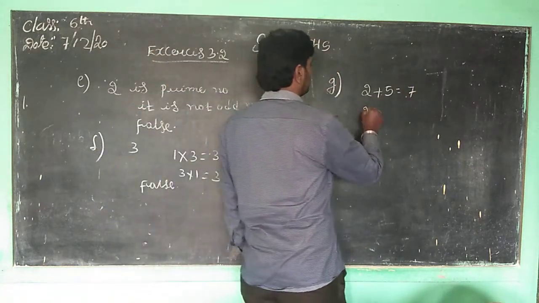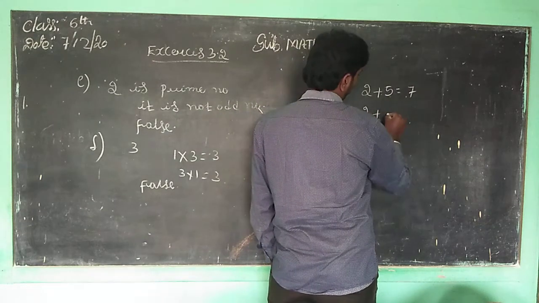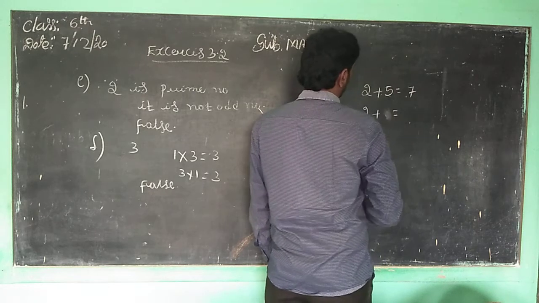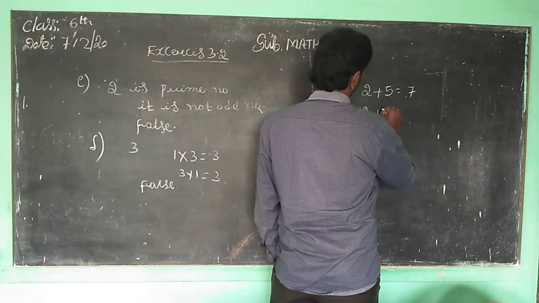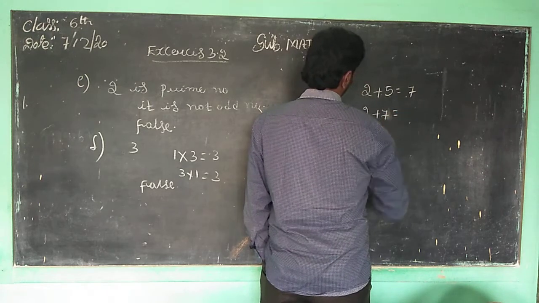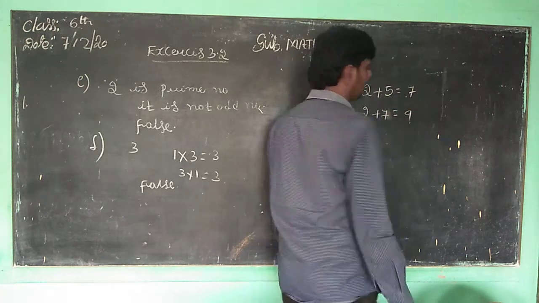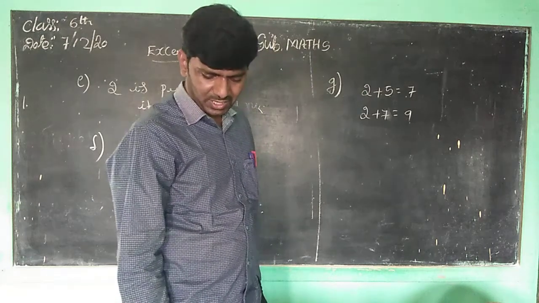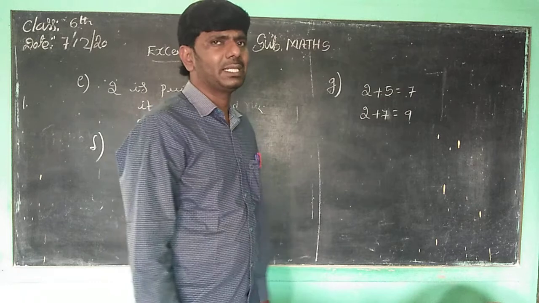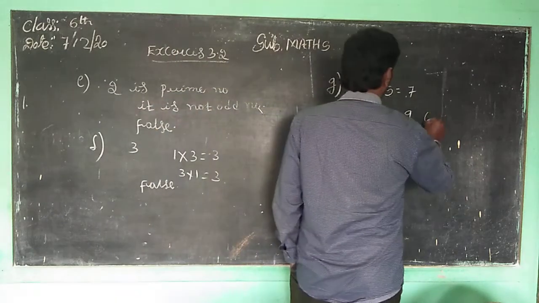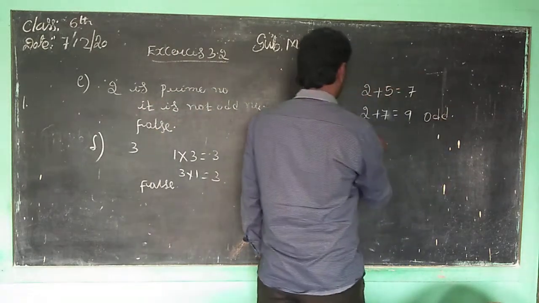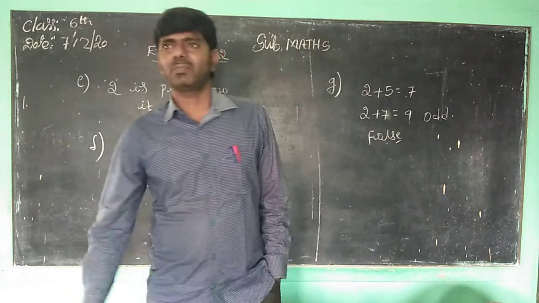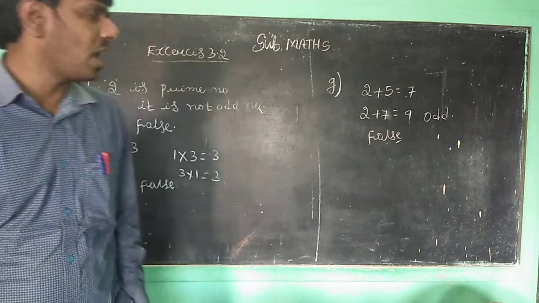One more, 2 plus 7 is equal to 9. So see children, sometimes the sum of two prime numbers is not even. 7 and 9 are odd numbers. Therefore, this statement is also false, children.